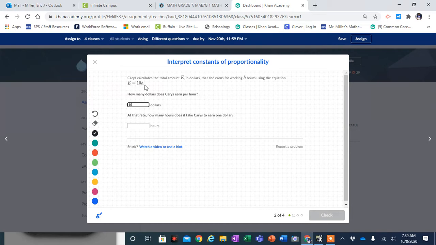So 1 equals 10H. Earning $1 means that your E value is going to equal 1. Then you would divide both sides by 10. So your answer would be 1 divided by 10, or 1/10.